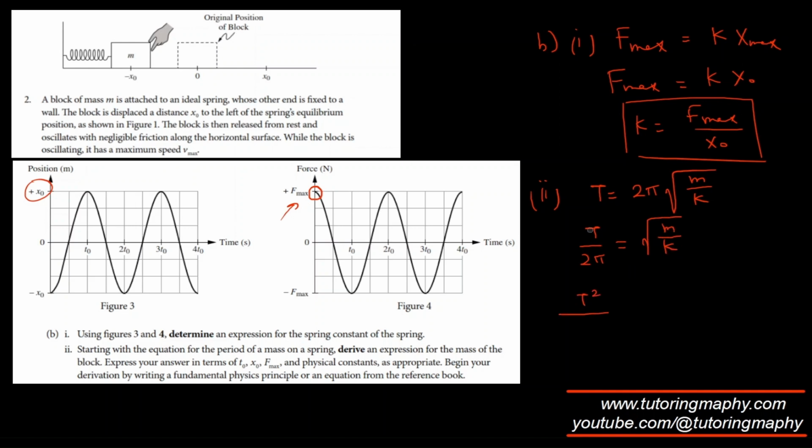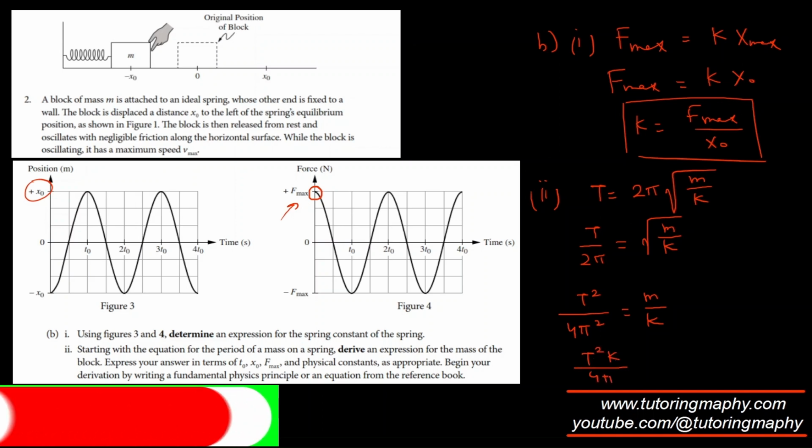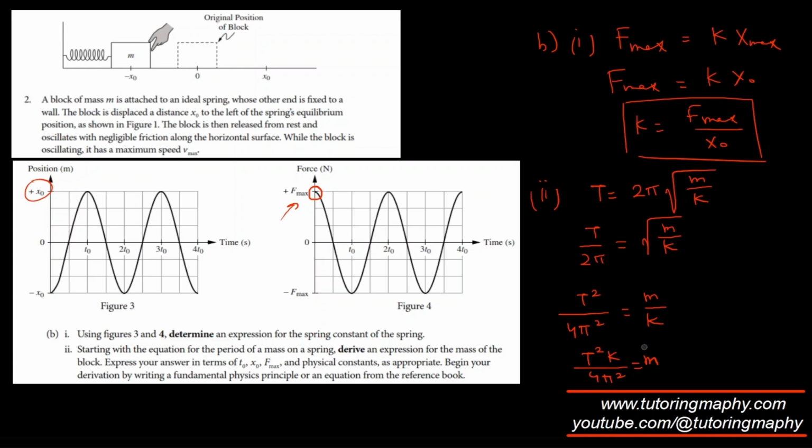So T square over 4 pi square is equal to m over k, because the radical will disappear. I'm going to multiply k both the sides, so T square k over 4 pi square is equal to m. However, in our answer, they do not need capital T and they don't need K as well.